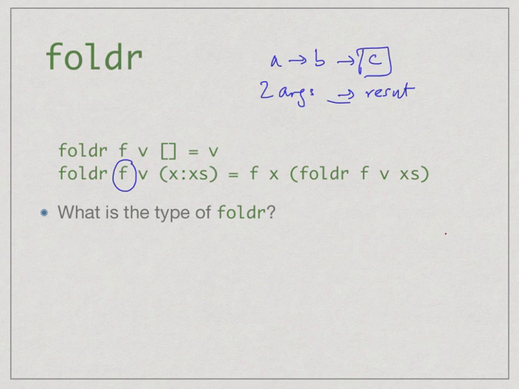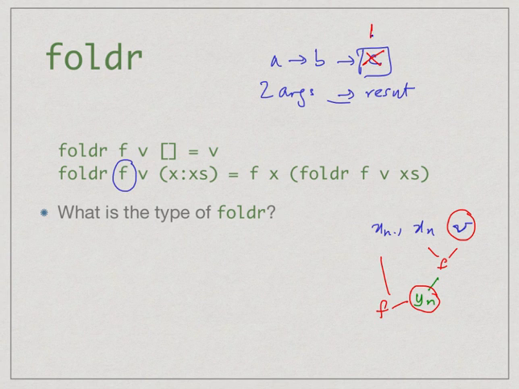So we have, say, the value v, and then we have xn minus 1 and so on. When I apply f to this and I produce a yn, then I'm going to apply f to this again. Therefore, the output of this function must be compatible with the second argument of f. So this must actually be another b.